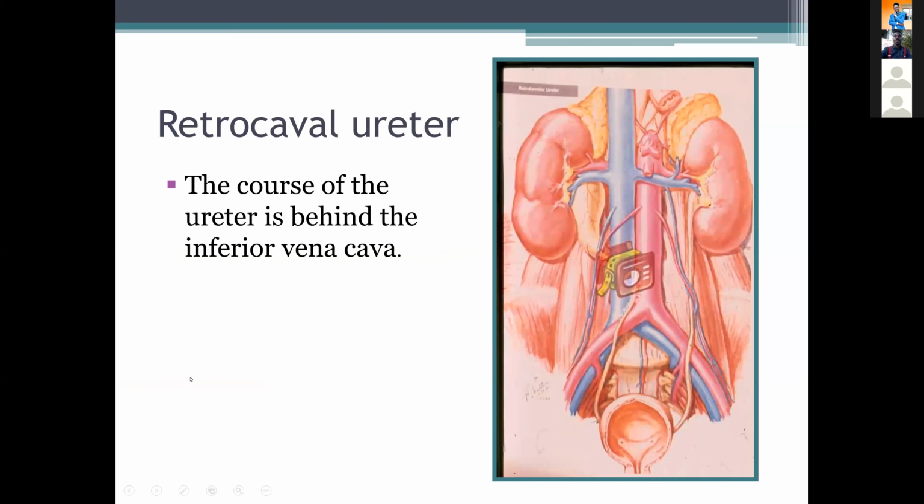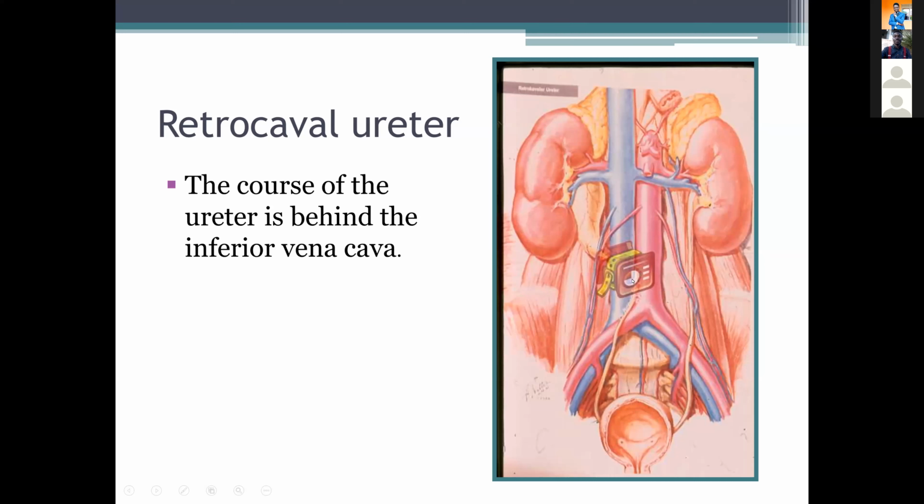This diagram shows you the retrocaval ureter. You remember we talked about it, and we said it only happens on the right. And you can see that this ureter, this pelvis is actually distended, and you can follow and see that it actually comes out from there.